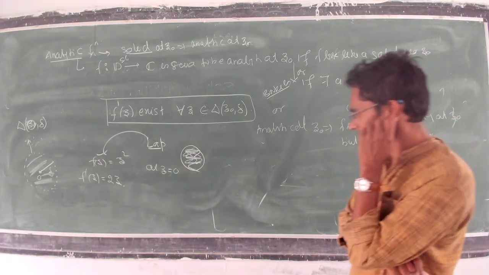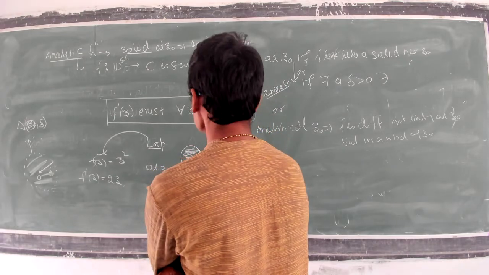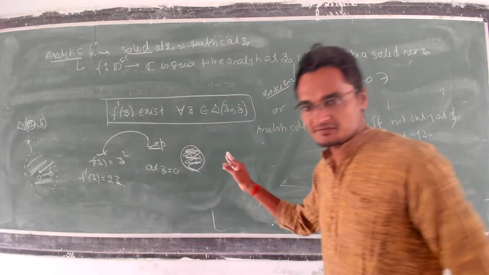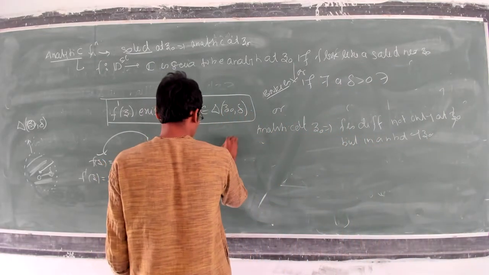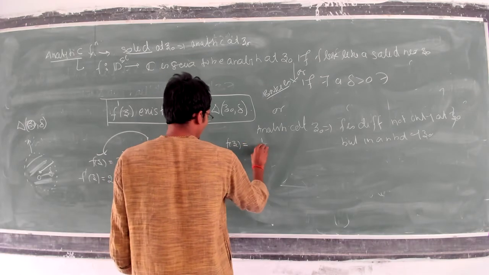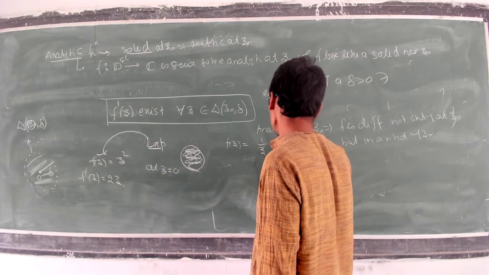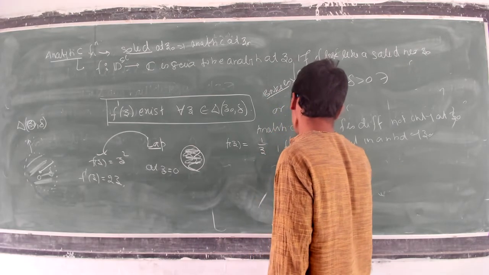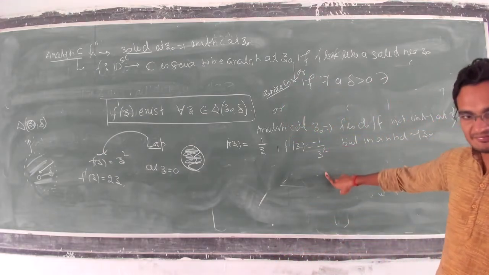Okay, so shall I erase this? Let us see some examples. If f is equal to 1 over z, then if you calculate f dash z, what will you get? Minus 1 over z square. Where will this exist?